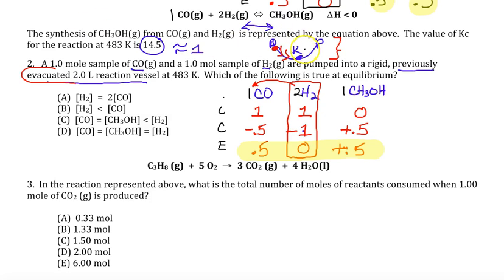Now, because the KEQ is close to 1 in the middle, we're not going to be in this position all the way up here, 100% products, but somewhere in between, right? We're going to move backwards somewhat. So we can expect the CH3OH, the product, to go down, and the reactants, which are over here, to go up a little bit.